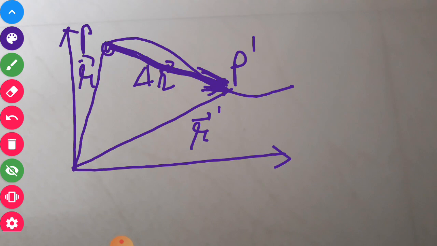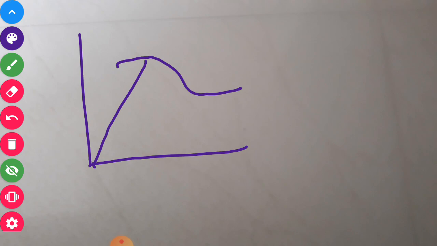So this will be the direction of velocity. Now if you go on taking this p prime close to this p, or we take 2 points on this curve very close to each other, then the direction of velocity will be tangential to the curve.